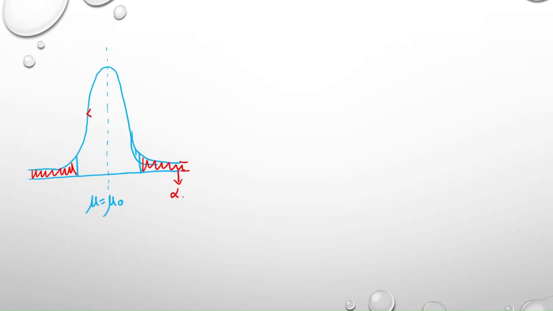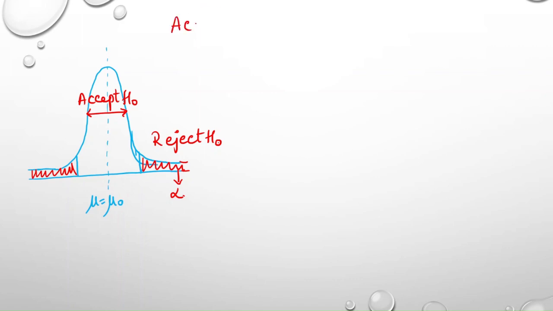This is alpha error here, because I am rejecting H naught. So the red portion where you could see, you are rejecting your H naught. This is the rejection region, and this region where we can accept our H naught is called the acceptance region.